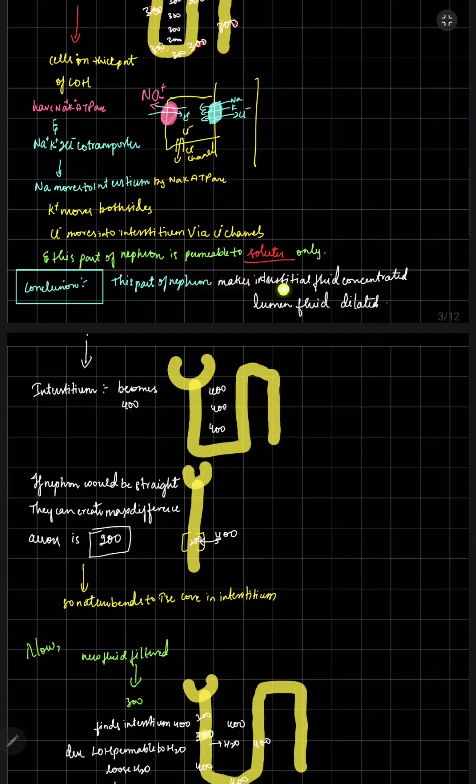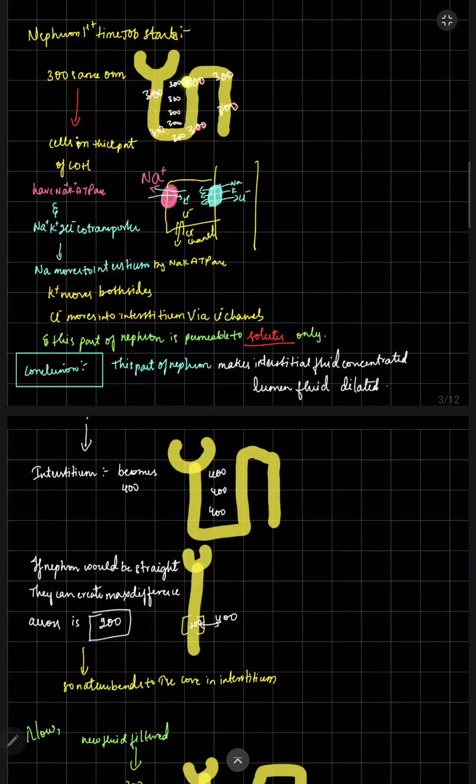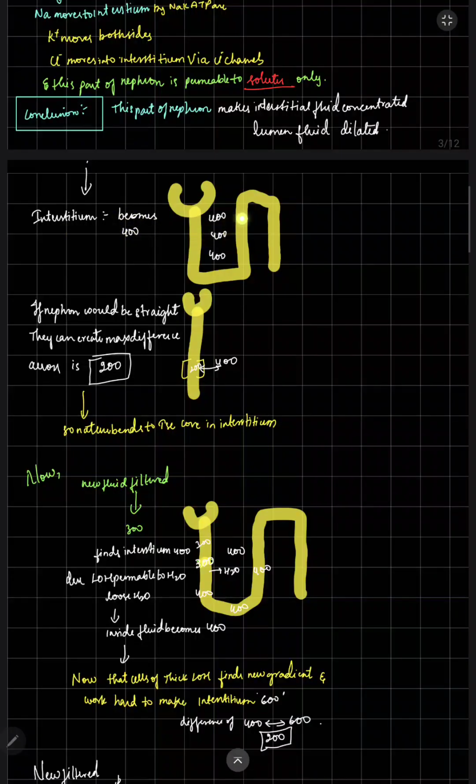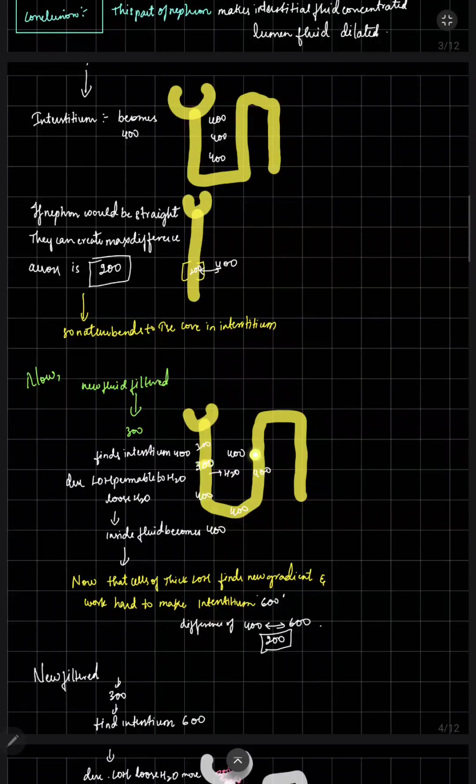So this part of nephron makes interstitial fluid concentrated, and the lumen fluid present inside dilute. And the interstitium becomes 400 across. Now again the same thing, if the nephron had been straight, then only this much concentration gradient would have been produced. But the nephron is bent like this by God, so that every time more concentration gradient can be created.